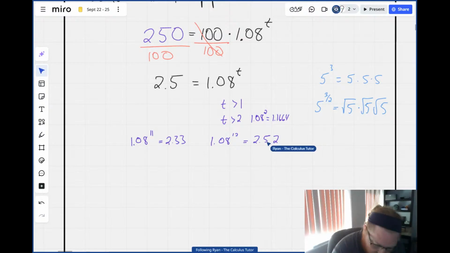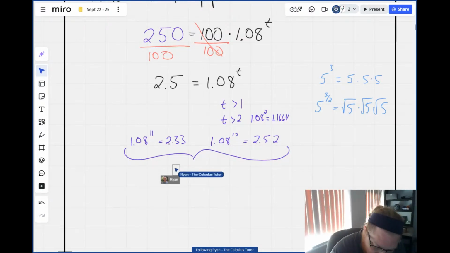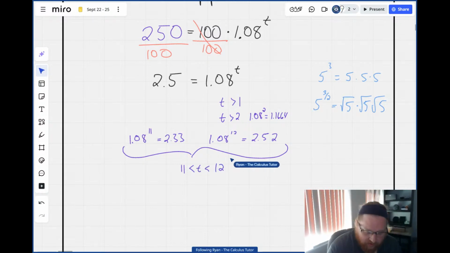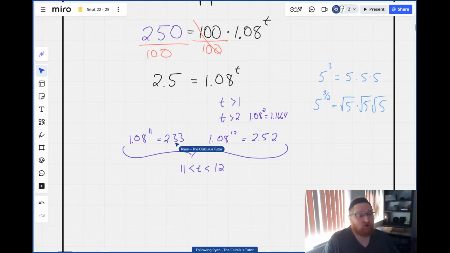And so, based on this, t has to be greater than 11, but it has to be less than 12. Because if it's 12, it's bigger than 2.5. Not much bigger, but still bigger. We want it to be exactly 2.5. And 11 is too small. It's only 2.33. So we know, okay, we could try 11.5, and we could zero in like this.